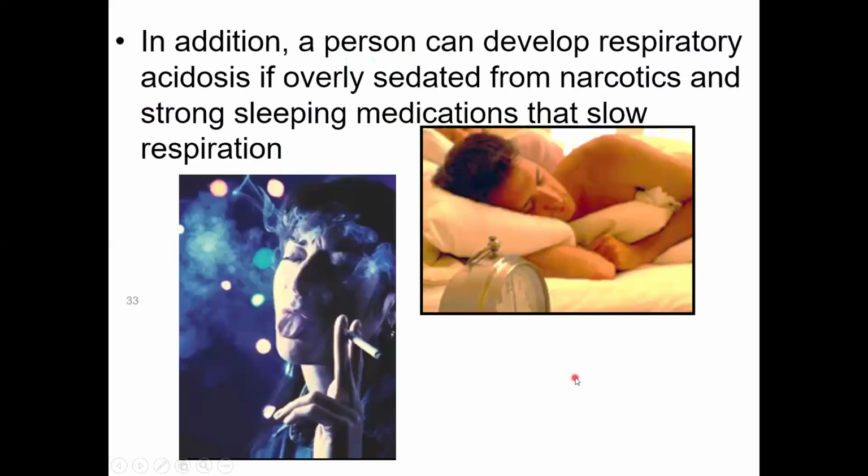Moreover, the habit of taking sedatives also depresses respiratory rate, and in this way carbon dioxide is trapped and a person can develop respiratory acidosis if he or she is taking narcotics or any other sedatives.